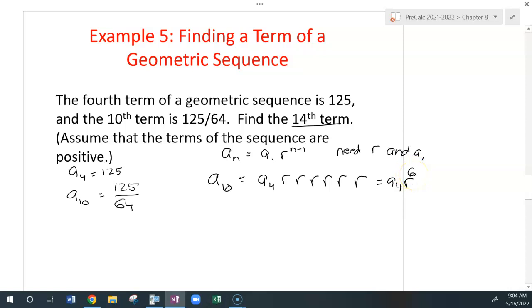Now to solve for r, I know that a sub 10 equals a sub 4 times r to the 6th. So then a sub 10 over a sub 4 is going to be r to the 6th.